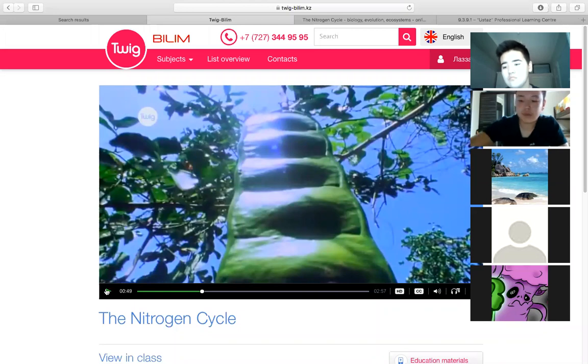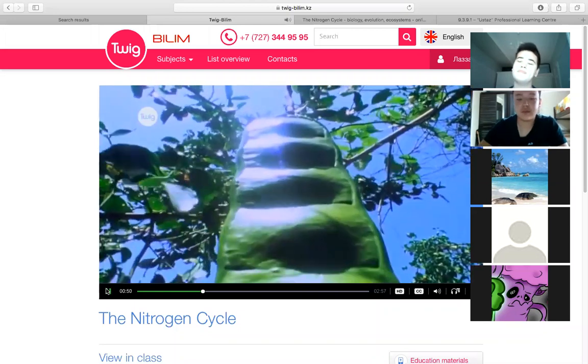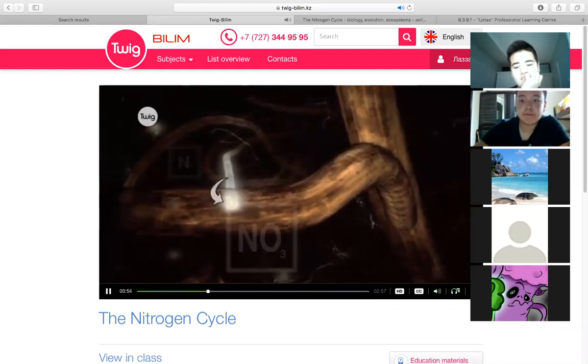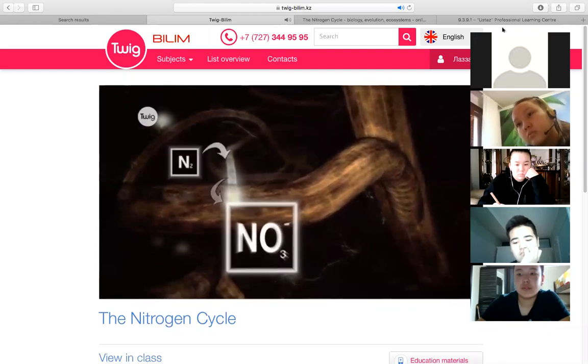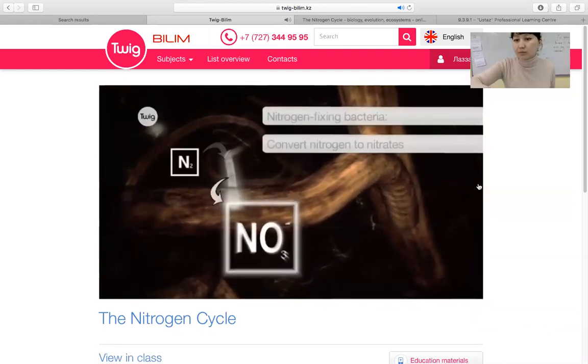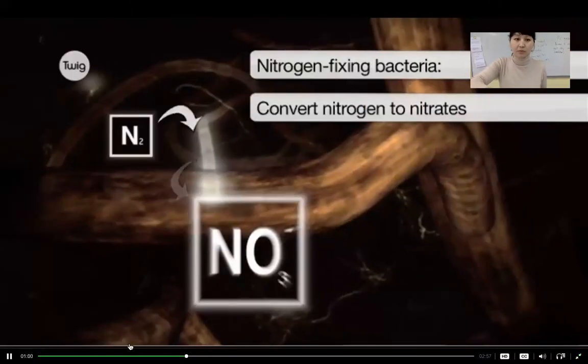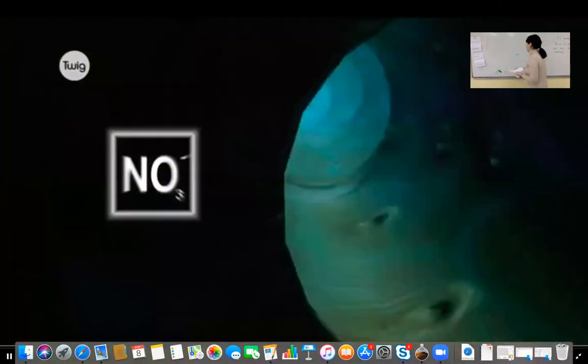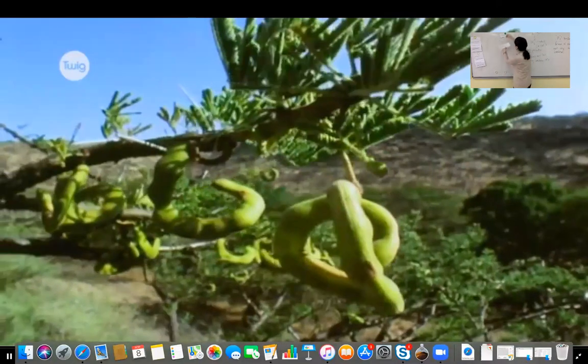First step, it is explaining the first step. These work as tiny fertilizer factories, fixing nitrogen into nitrates. Now plants can absorb the nitrates from the soil and use them to make proteins.